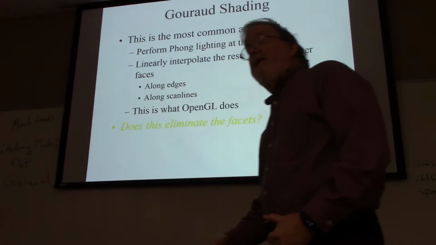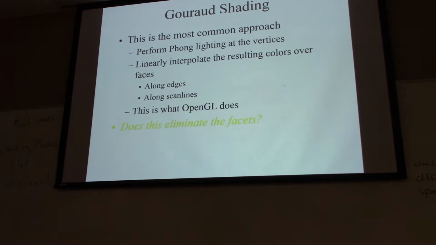So we apply our shading calculation once per vertex, and then we do a trilinear interpolation in between. So that's a little bit more complicated than calculating it once per the entire facet. That's a lot easier. You just do the calculation once and it applies everywhere in that facet.